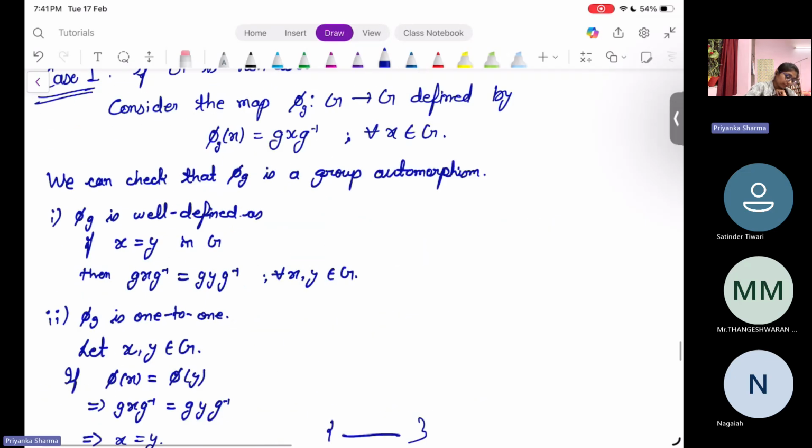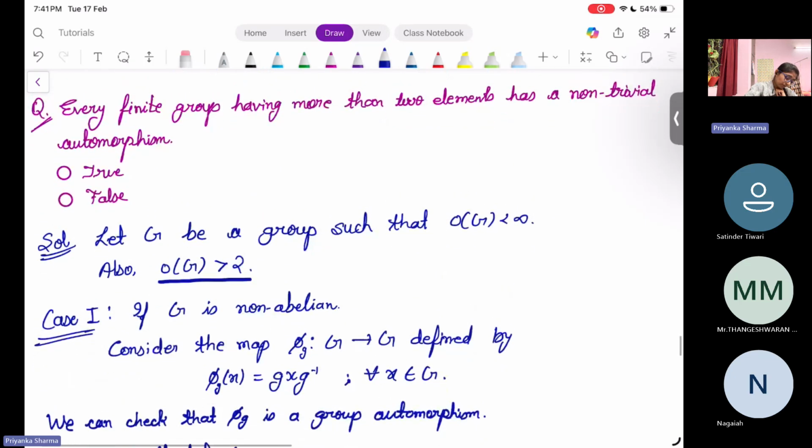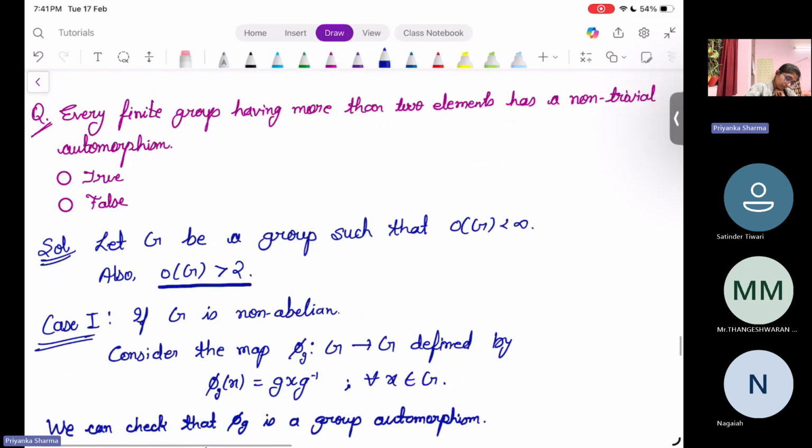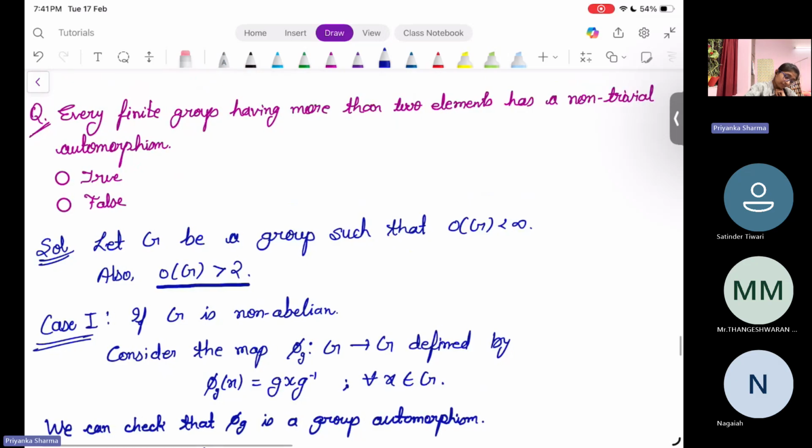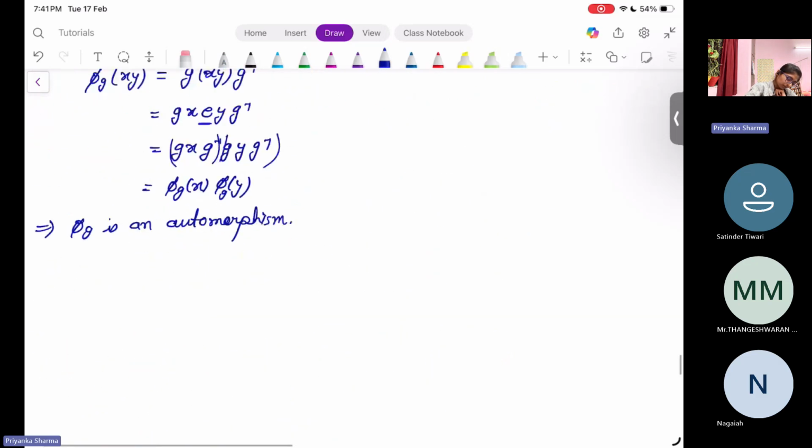Okay, it means whenever you will have a non-abelian group, you will have an automorphism. But is that non-trivial?